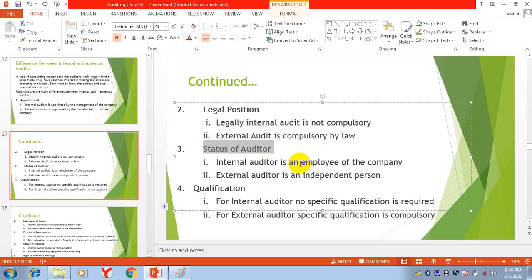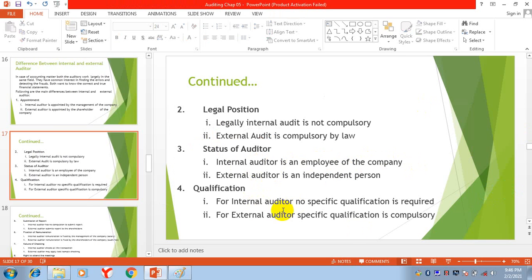Qualification. For internal audit, no specific qualification is required. But for external auditor, a specific qualification is compulsory.